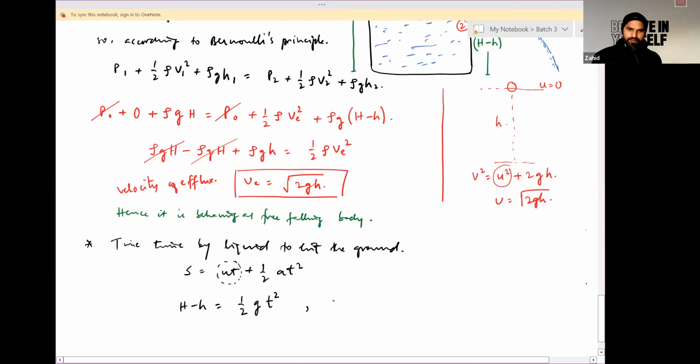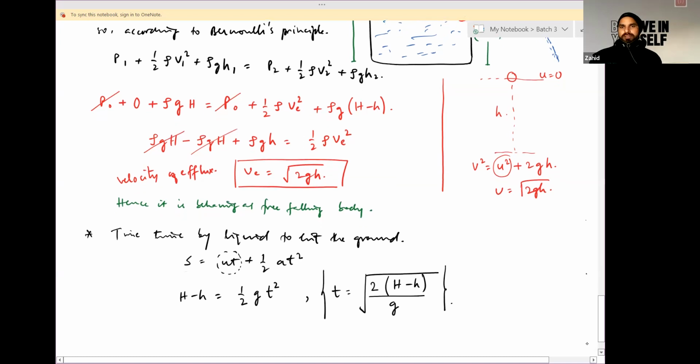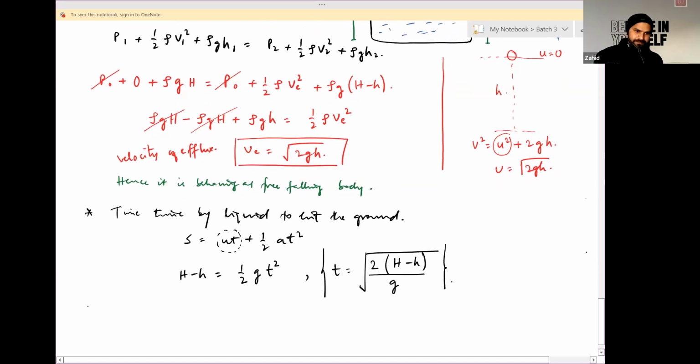On solving, you will get t equals root under 2 times (H minus h) divided by gravity. Now, related to this time, we can find horizontal range as well.